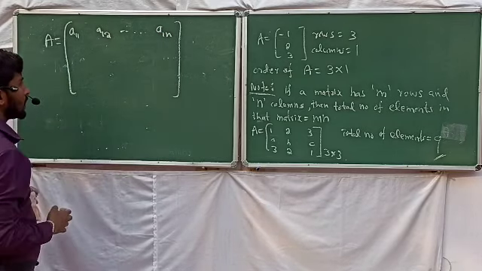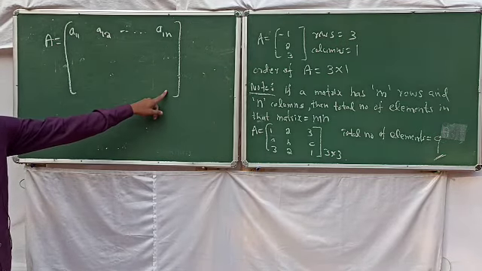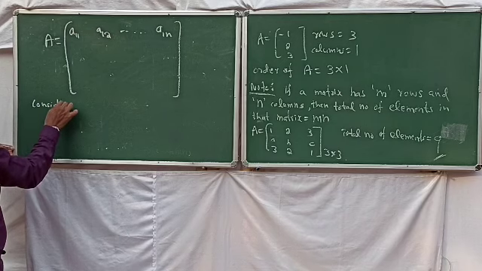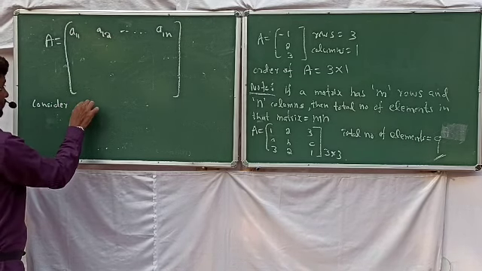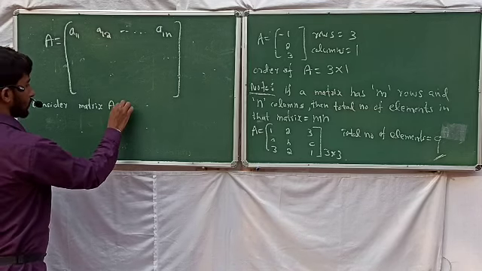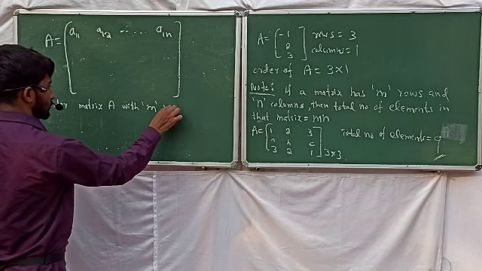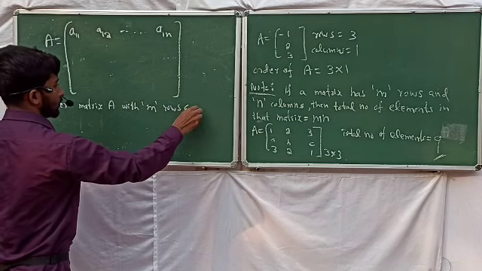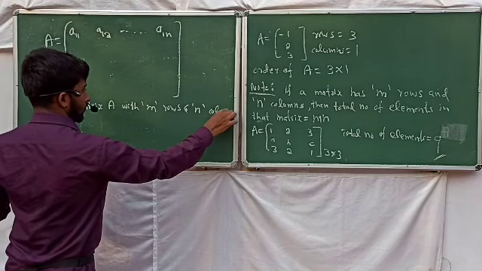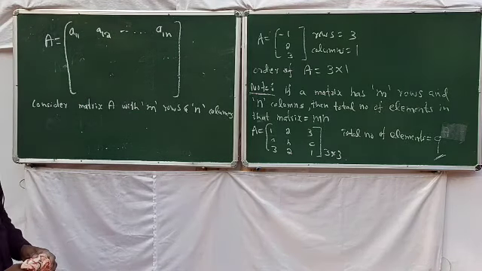That means I am considering a matrix A with m rows and n columns. We don't know the elements of the matrix A. This is just a general representation.